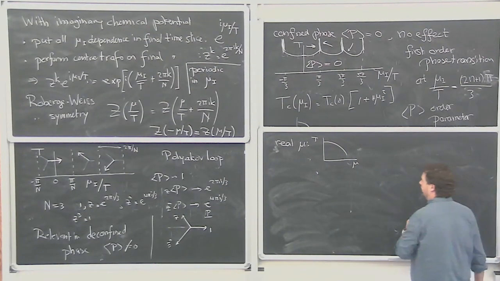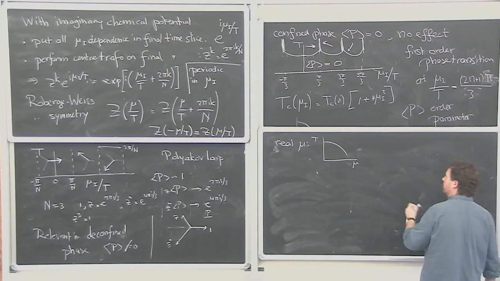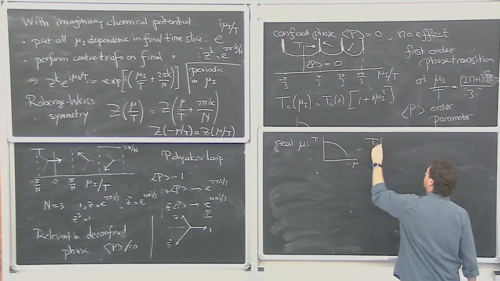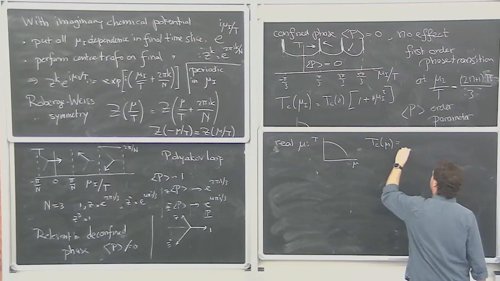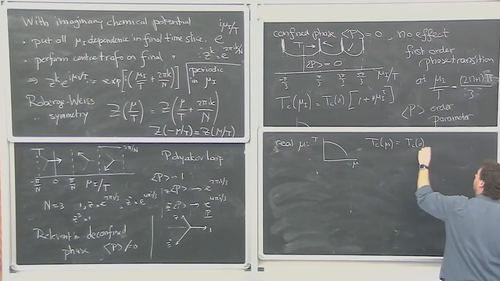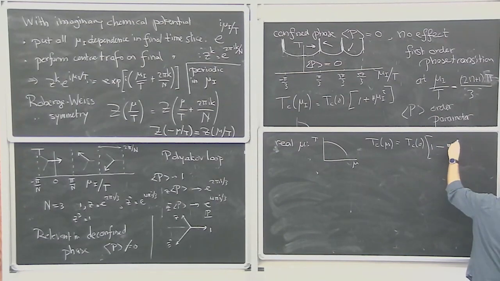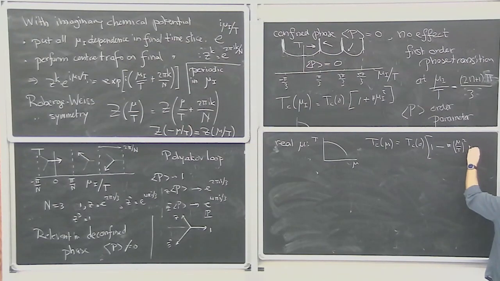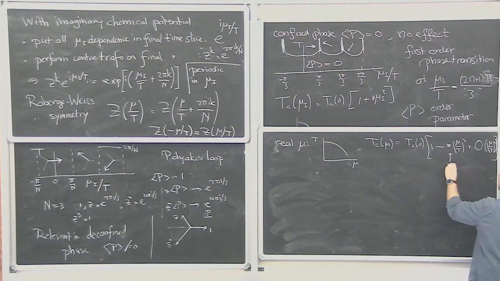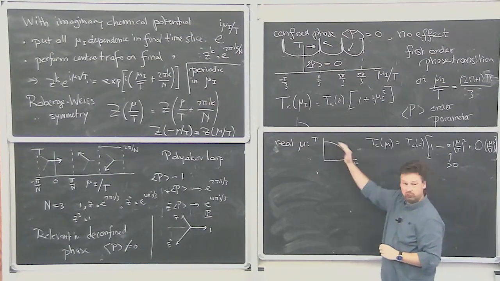And that's indeed what has been established with lattice simulations. If I look at Tc as a function of mu, I find Tc at 0 mu, and then to get the dimension right, 1 minus a number times mu over T squared, plus order mu over T to the power of 4. So if I put a minus sign here, this coefficient is positive. And so for real mu, the phase boundary curves downward.